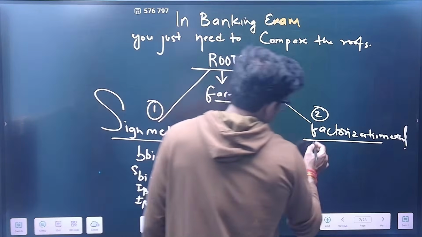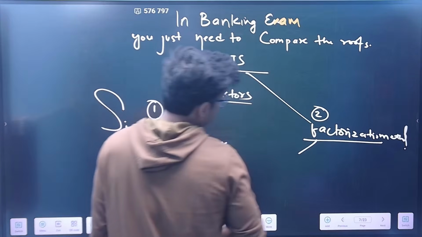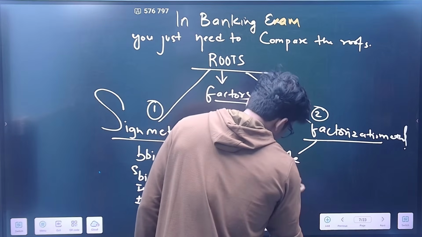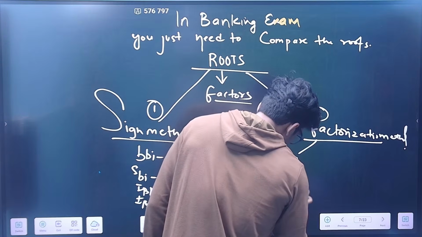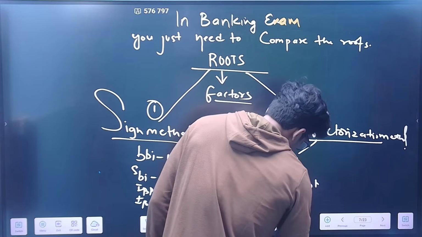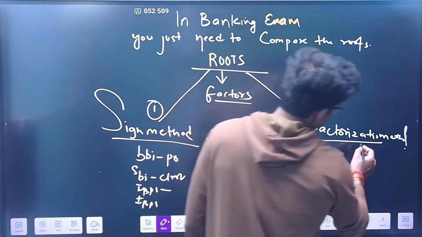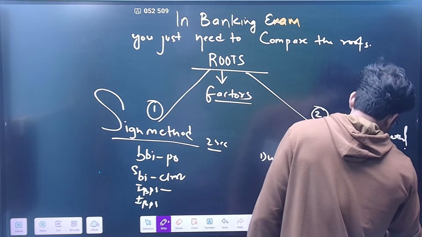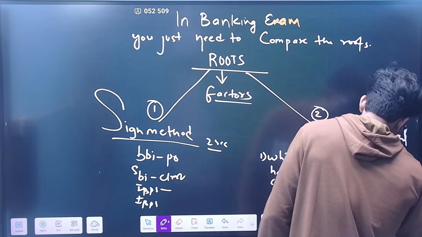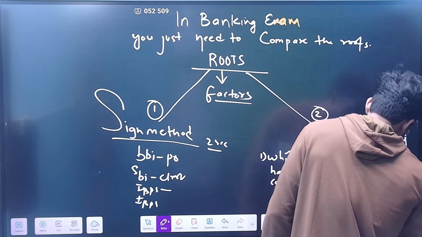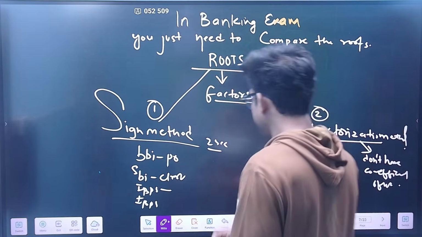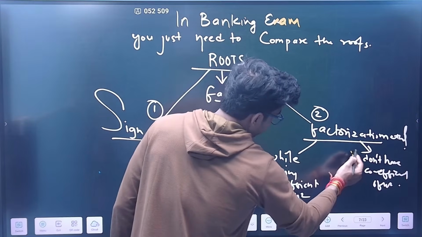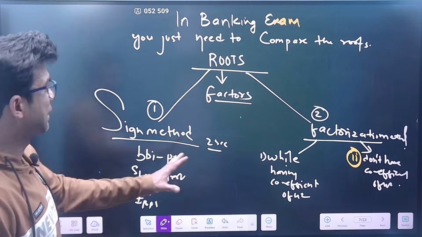One part is while having a coefficient of x square, and the other is when you don't have a coefficient of x square. So there are basically two things.